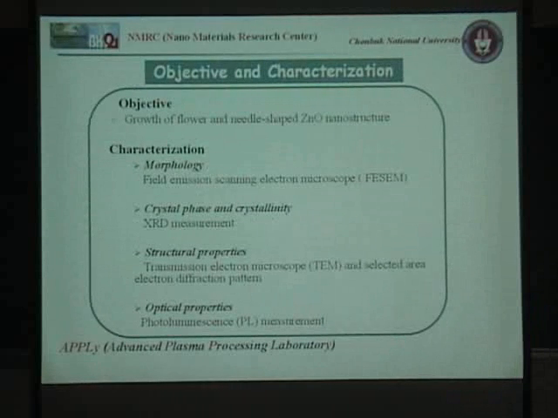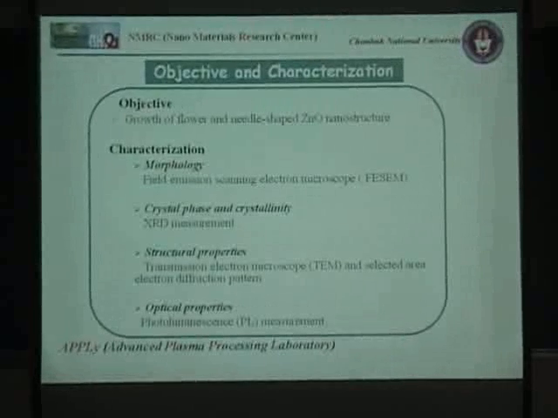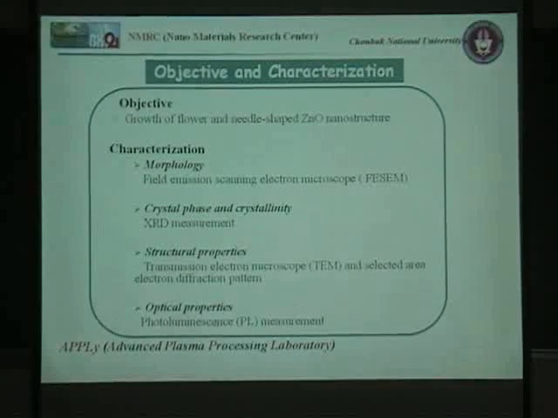Our objective is to grow the flower and needle-shaped zinc oxide nanostructures. The general morphology of these structures we observed using the field emission scanning electron microscope, while the crystallinity of the deposited materials was obtained using X-ray diffraction patterns.